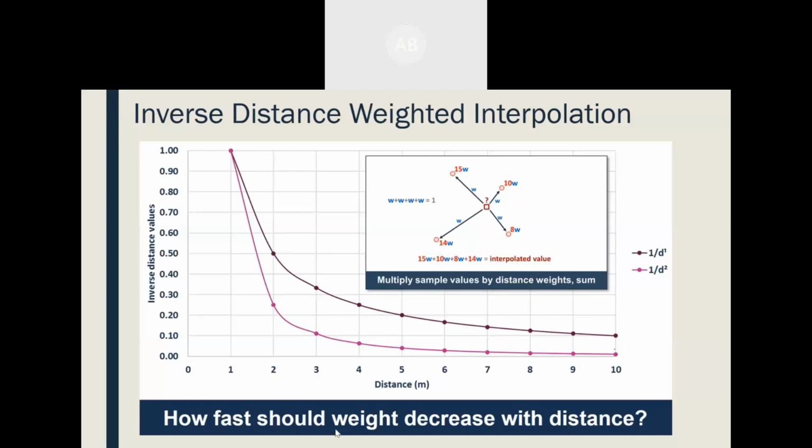So how fast the weight decreases with distance is determined by whether you are using 1 by d or 1 by d square. That is why it is known as inverse distance weight. That means the weight is inversely proportional to the distance, and then ultimately you can find out the weight here.